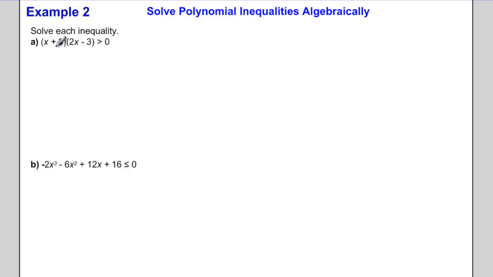So a polynomial inequality, two terms, this would be quadratic. And we can solve this by using intervals. And we'll make our intervals by looking at the x-intercepts of this polynomial.